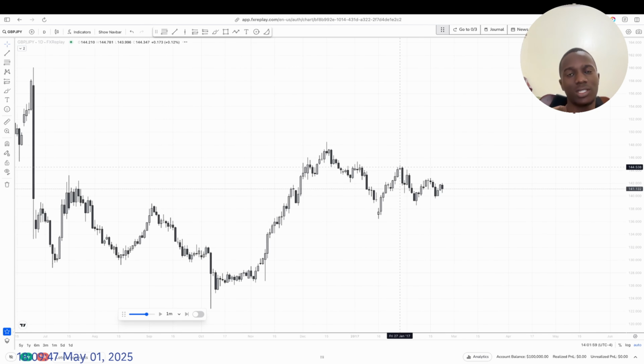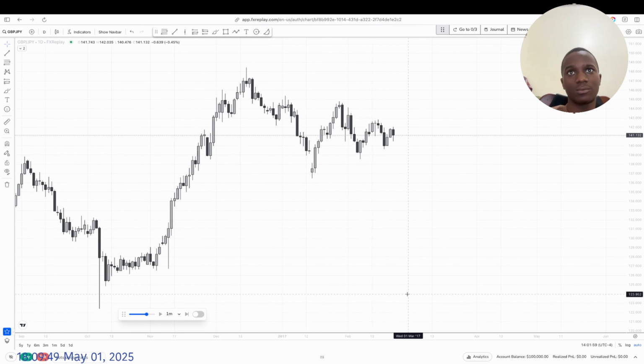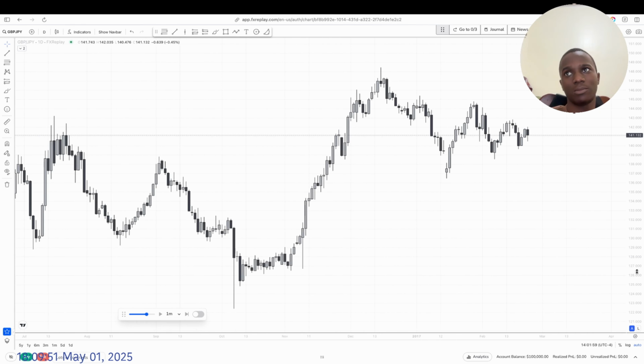When we go to the daily now, we would mark up some important liquidity points to be taken out. First of all, we can see we have this low. It's a good liquidity point, this one right here, and after marking that low, you can see that we need to rebalance this move right here.